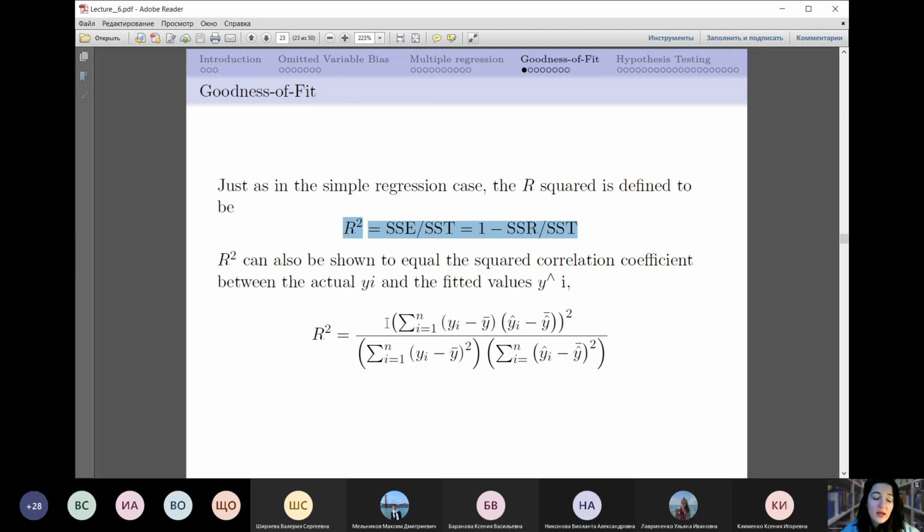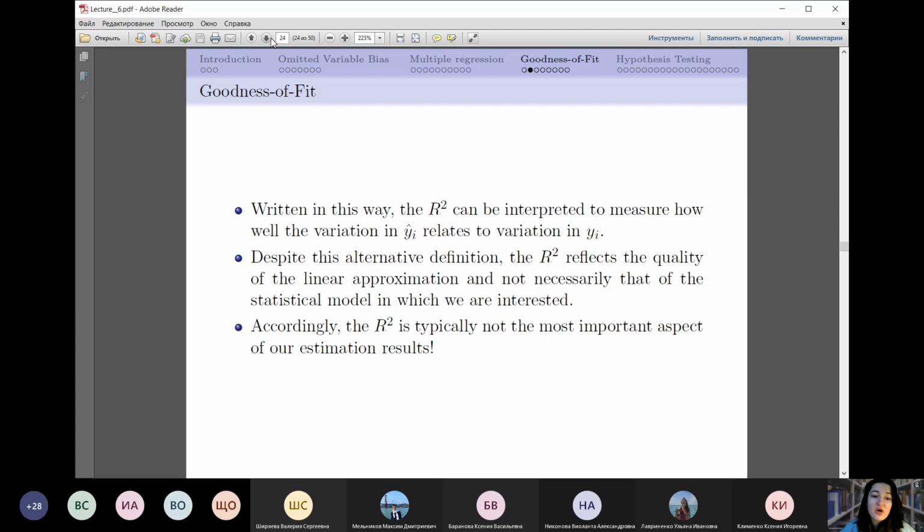And also you can note that R squared could be presented as the squared correlation coefficient between observed values of y and the fitted values of y from your estimated model. So this formula is also the general formula for simple or for multiple regression case, doesn't matter.